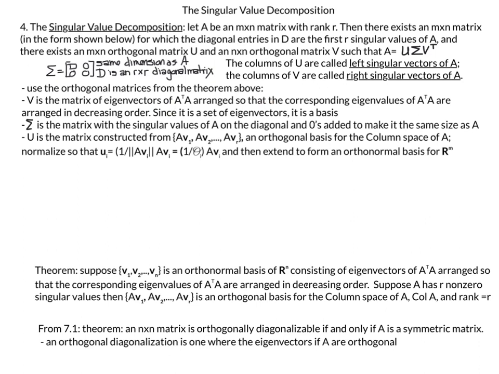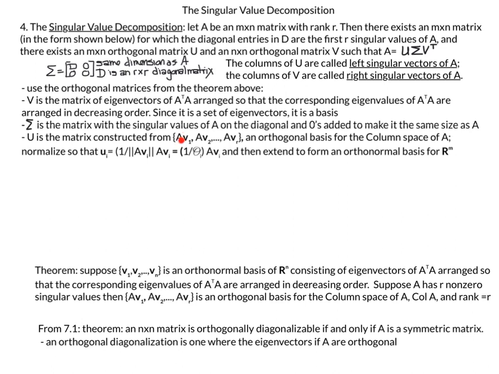Since it's a set of eigenvectors, it's a basis. Then our sigma is going to be the singular values of A. That is, it's going to be the square roots of the eigenvalues of A transpose A on the diagonal, and then we add zeros to sigma until it's the same size as A. So notice how sigma and V go together, because the first eigenvalue on the diagonal of sigma goes with the first eigenvector of V.